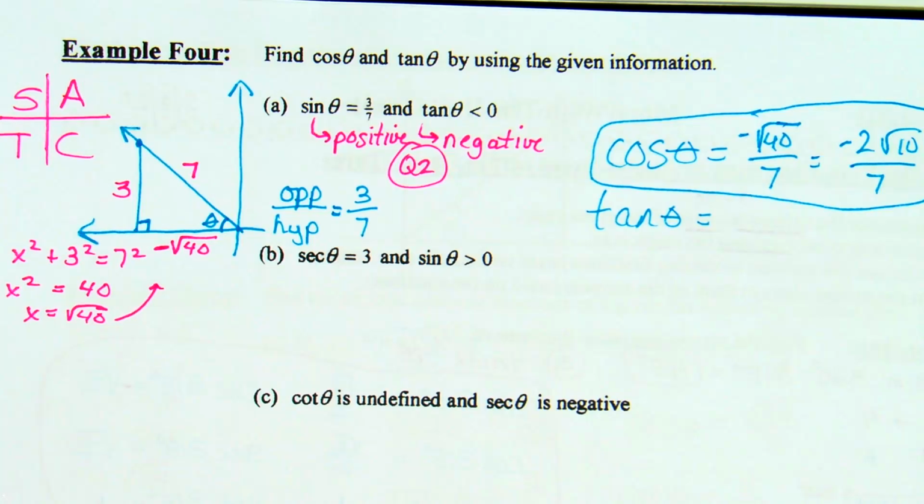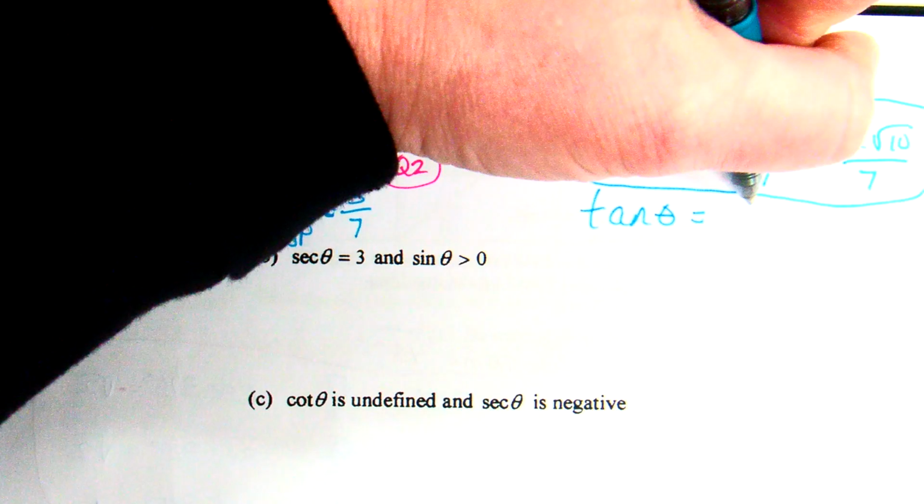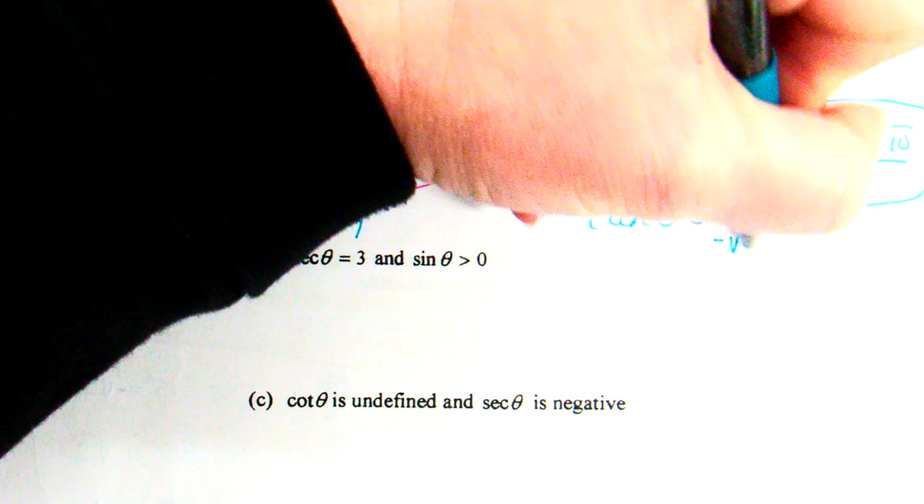Okay, what about tangent then? I got what you're trying to say. Okay, so opposite over adjacent, right? So officially that is the 3 over the negative square root of 40 for the moment.